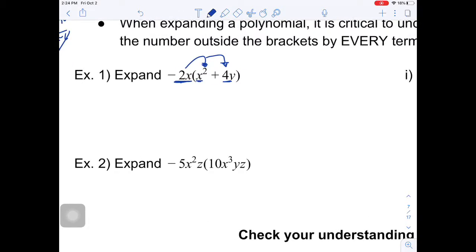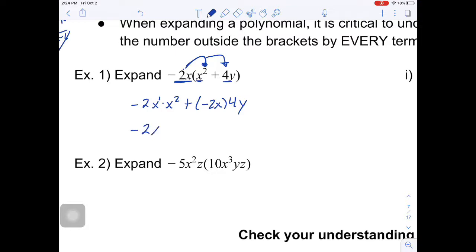So here, to distribute inside, I'm going to multiply negative 2x by x squared plus, and then I'm going to multiply negative 2x by positive 4y. So this will be negative 2x multiplying 4y. So now you can hopefully see why we had to review some. Remember, when you're multiplying the same variables, you add their exponents. So this will be 1 plus 2.